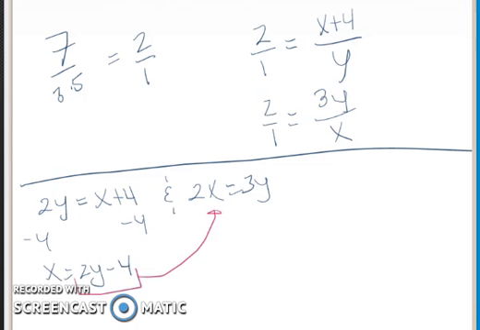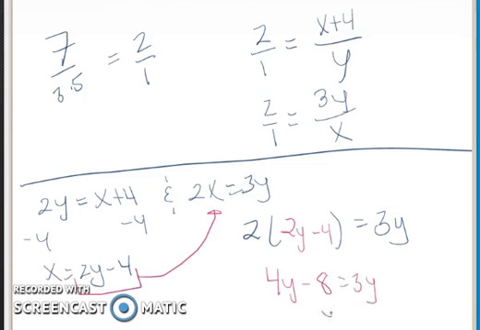So we're going to get 2 times x equals 3y, and again, x is this piece here, 2y minus 4. So this gives us 4y minus 8 equals 3y. Subtract everything, y ends up being 8. Then plug it back into the original equation, and we should get x equals 12. Okay?